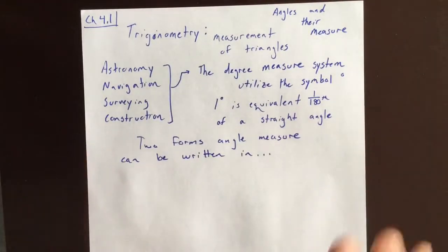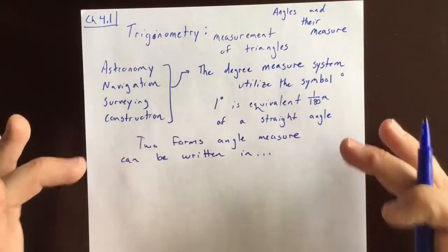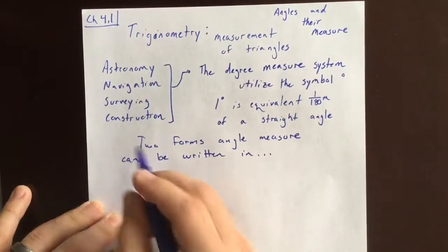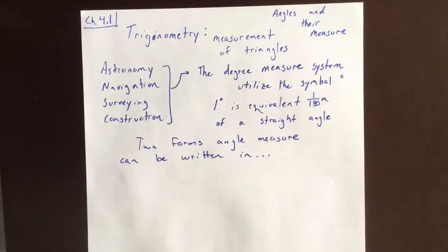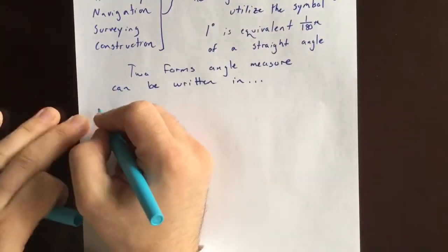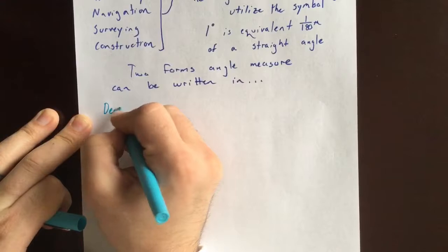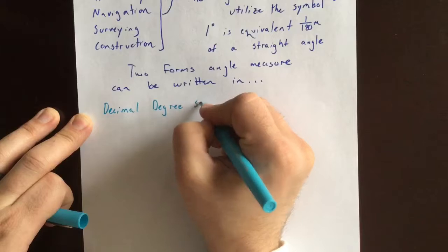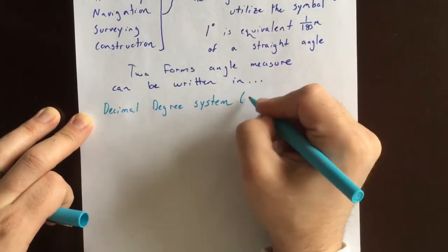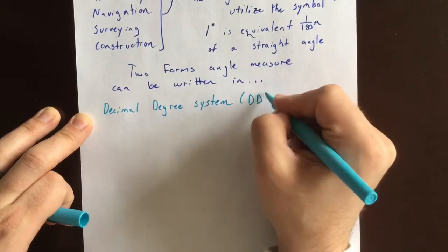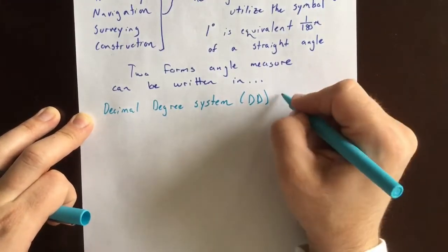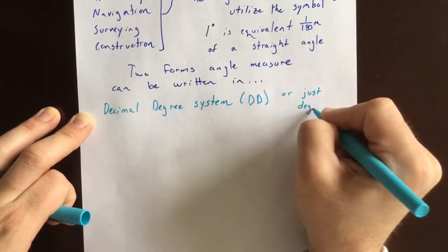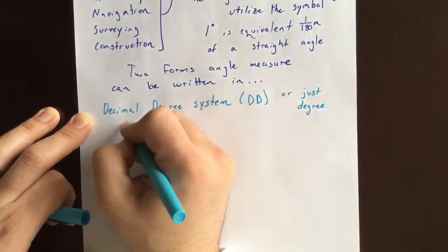Okay, so I'm throwing a lot at you, so this is kind of our first chunk. So we are familiar with this first form. We are familiar with what's called the decimal degree system. Okay, and we're going to abbreviate this by using just DD, decimal degree. This is the typical. Okay, we often just say that this is just the degree.